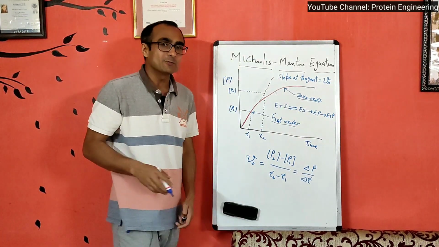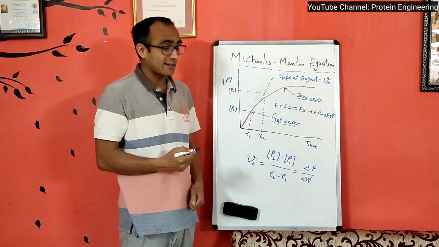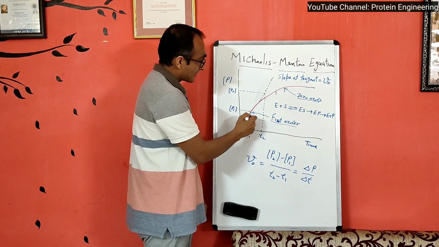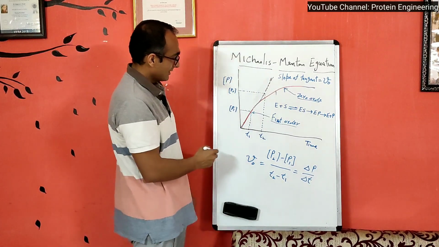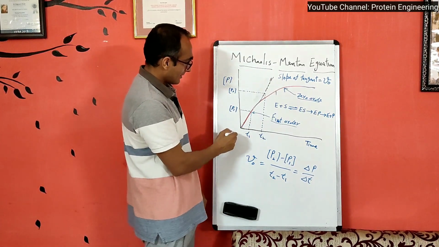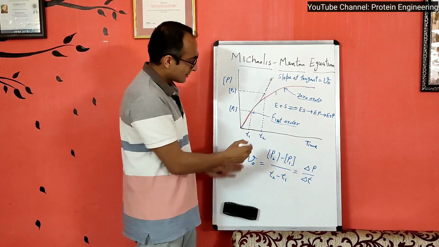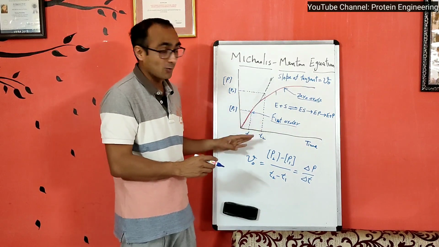When we measure the rate of the reaction, the most accurate value is the slope of the tangent of this graph, and this rate is calculated by the change in product concentration divided by the total time the enzyme has taken to form the product.